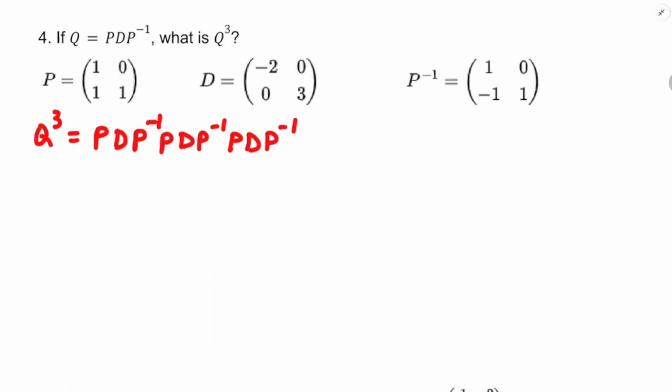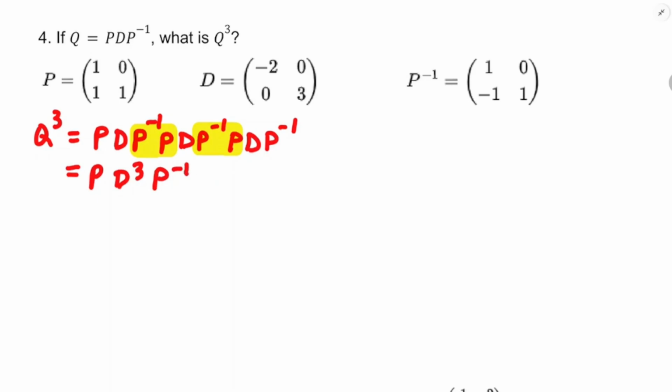Then we're going to notice that those P times P inverses are going to cancel, and so we're going to have P times 3 powers of the diagonal matrix in the middle, and then P inverse.